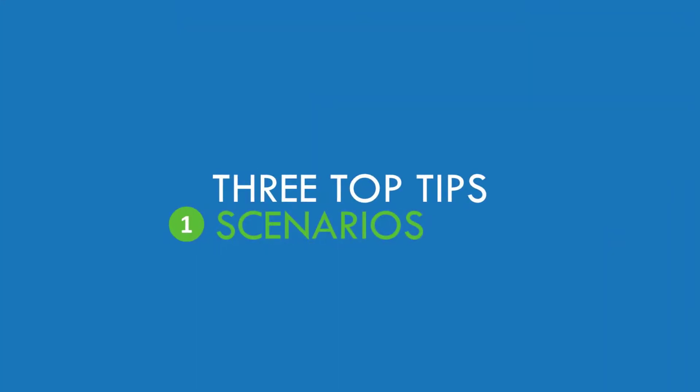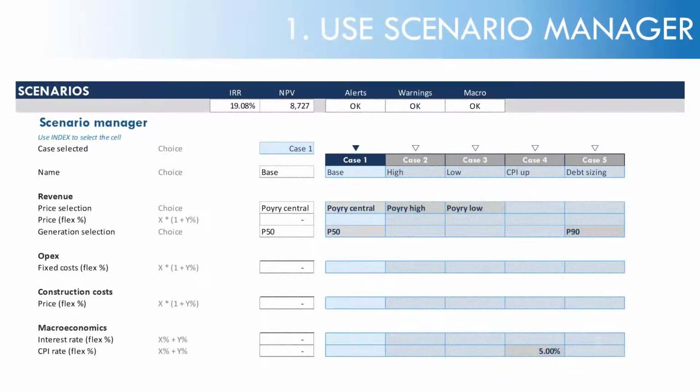Number 1, use the scenario manager. Try and break the model. The scenario manager is there to flex key variables in the model. In de-risking a model, we're not interested in most likely numbers. We're here to break the model. We're interested in extreme cases.